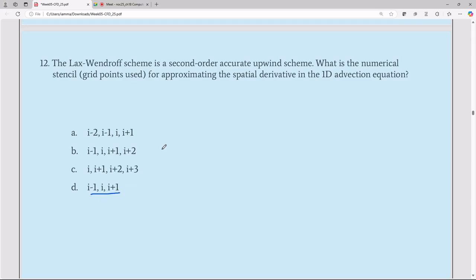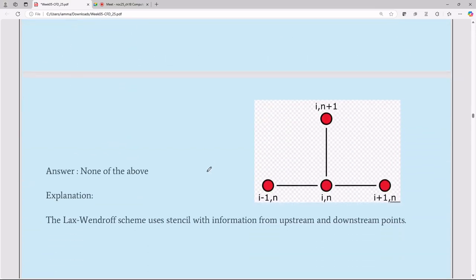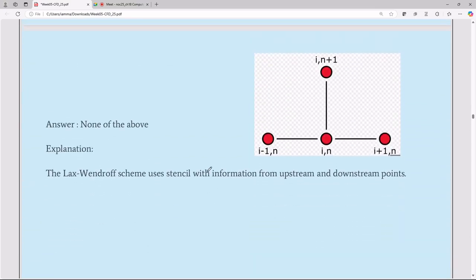But actually, for the Lax-Wendroff scheme, the stencil looks a little more complex. If you see here, this is the stencil for the Lax-Wendroff scheme.